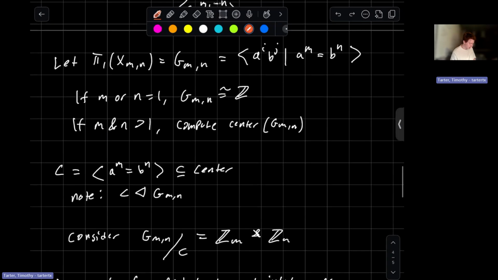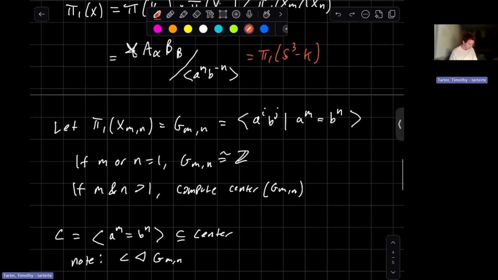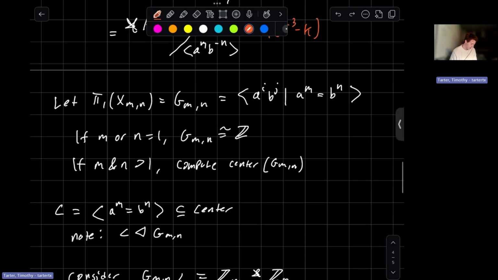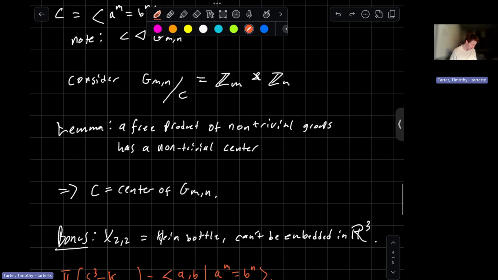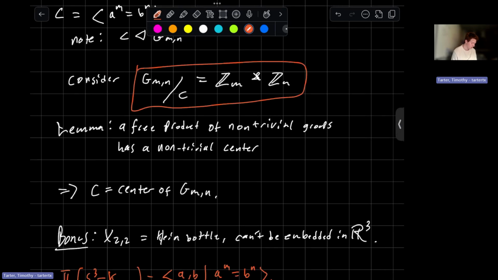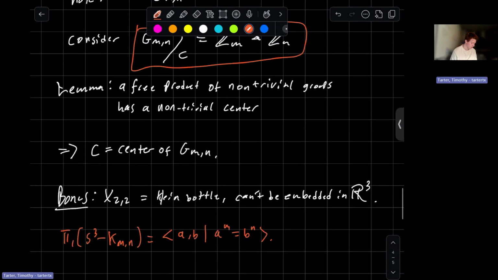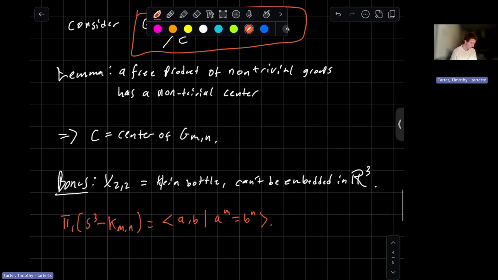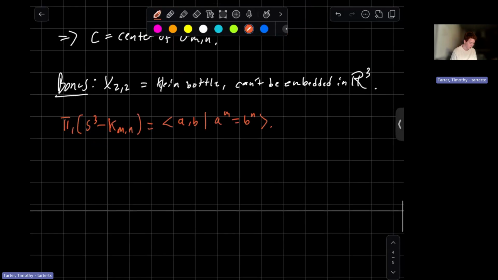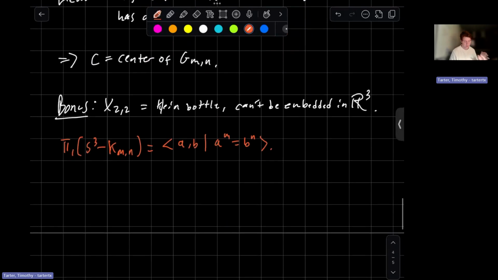And then if M or N is 1, then it's clear that this is infinite cyclic. If they're greater than 1, I don't think any of what got written matters. And then modding out by the center does give you a free product of ZM and ZN. And then the abelianization of that is the Cartesian product. Okay, that does make more sense. It just was written down in kind of an unfriendly way.